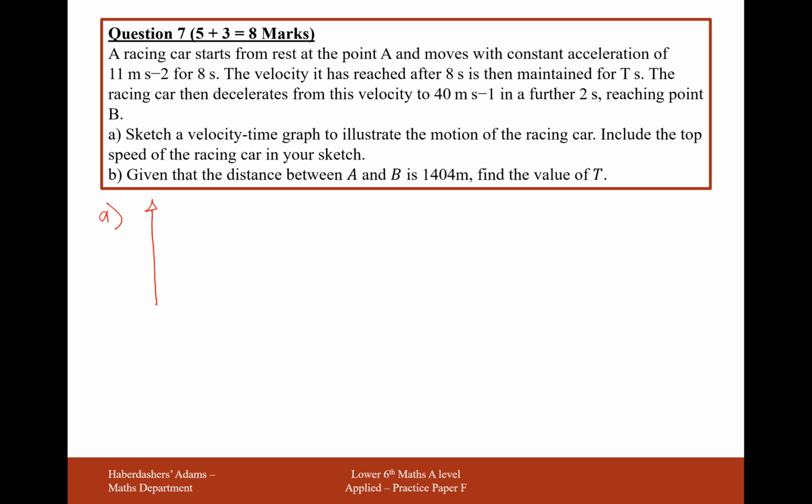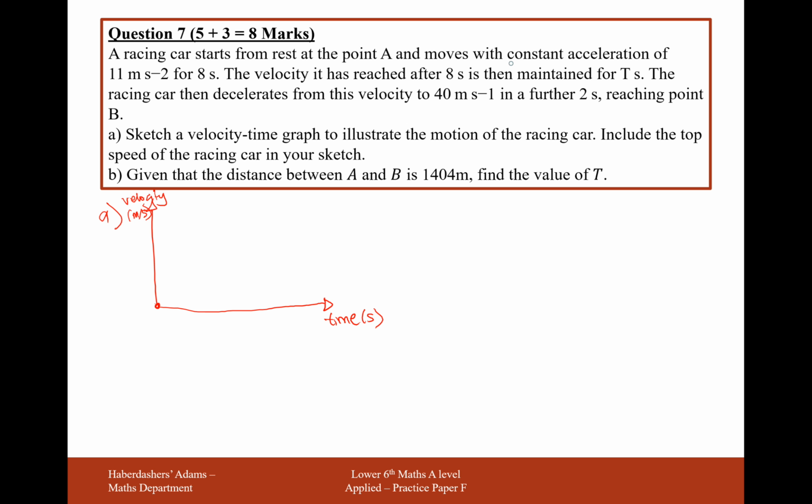Okay, so let's look for what it starts with then. It starts from rest, so we're going to start down the bottom. Let's put some velocity up here in meters per second and time down here in seconds. So, it accelerates. Acceleration on a velocity time graph is its gradient.